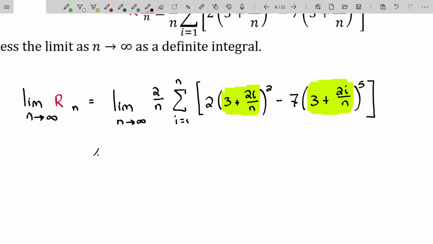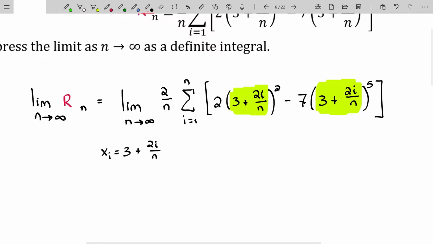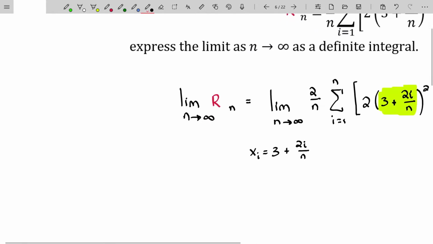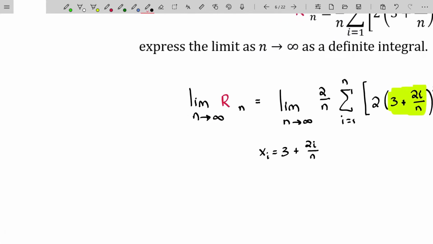I'm going to say x sub i looks to be 3 plus 2i over n. Now remember, there's two very important formulas for us to be working with. They are the following. Delta x is supposed to be b minus a over n, and x sub i is supposed to be a plus i delta x.